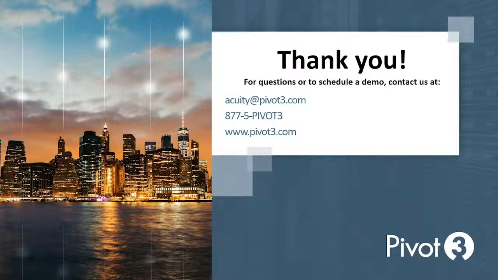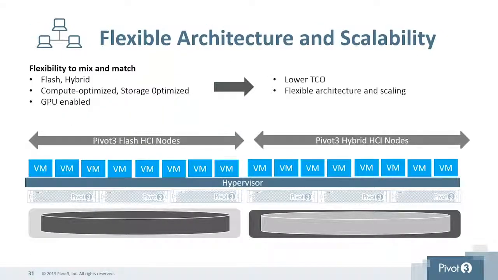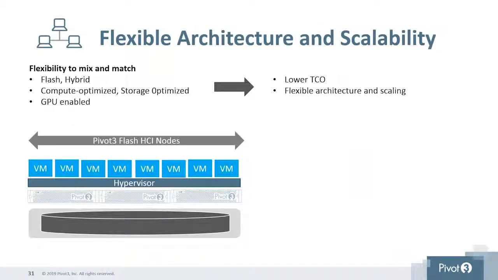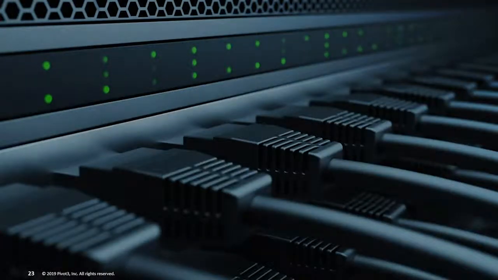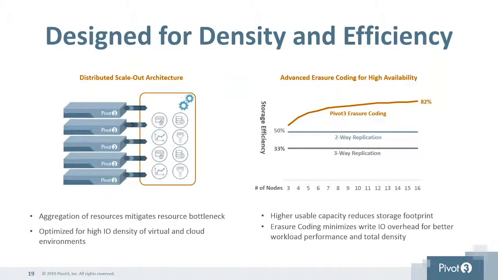Can you go back to the slide, Vikram, for erasure coding? Okay, starting at the left side of the chart, at 3 nodes, we're just above 50% on our erasure coding, where many other vendors may still be using hardware RAID, or their erasure coding is not very performant.